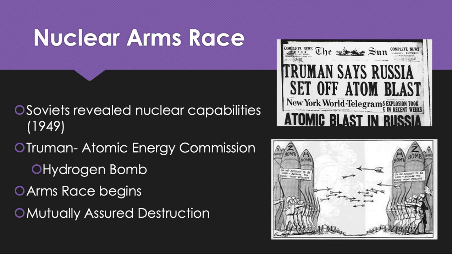When we look at this arms race, it's going to start in Europe between Germany, France, and Britain, and in the Pacific Ocean between Japan and the United States. And this is going to continue into World War II. Now, fueling the flame of this building arms race was the decision of the United States to drop the atomic bomb without telling the Soviet Union that we plan to use atomic weaponry.